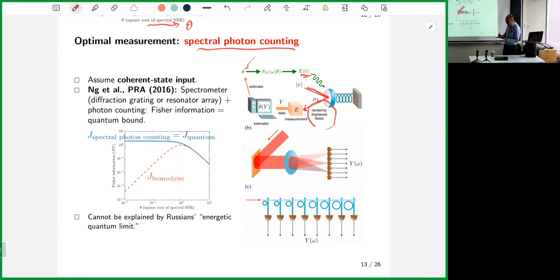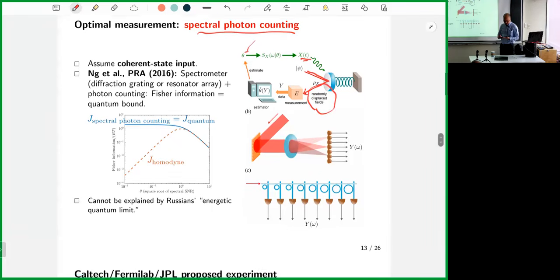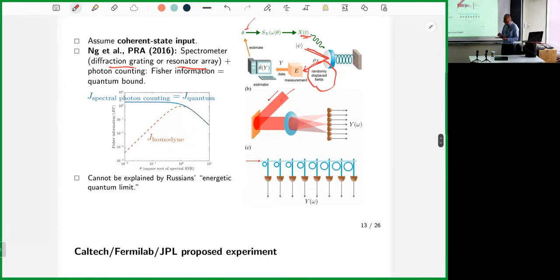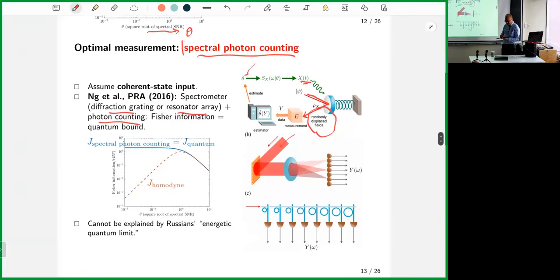The optimal measurement is just to take the output field, separate it into multiple spectral modes using a diffraction grating, for example, or a resonator array. So now you can measure each spectral mode individually and then do photon counting. This is just spectral photon counting, just how you would do a spectrometer conventionally, right?